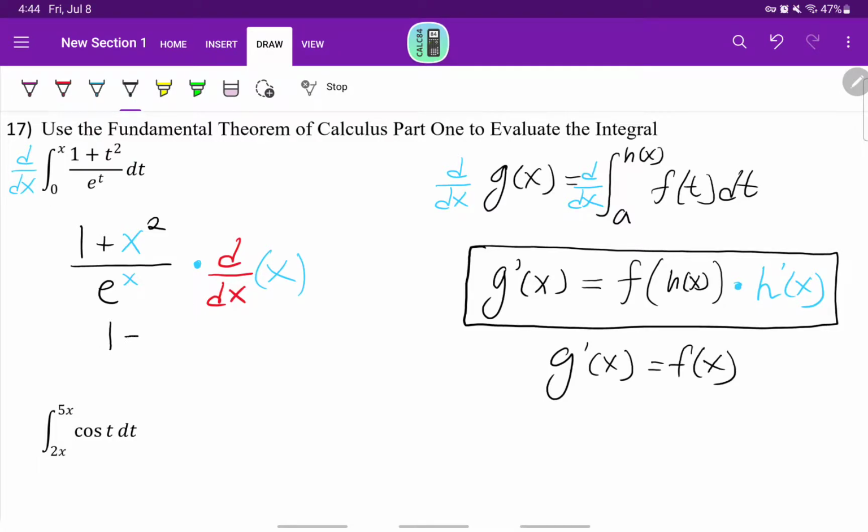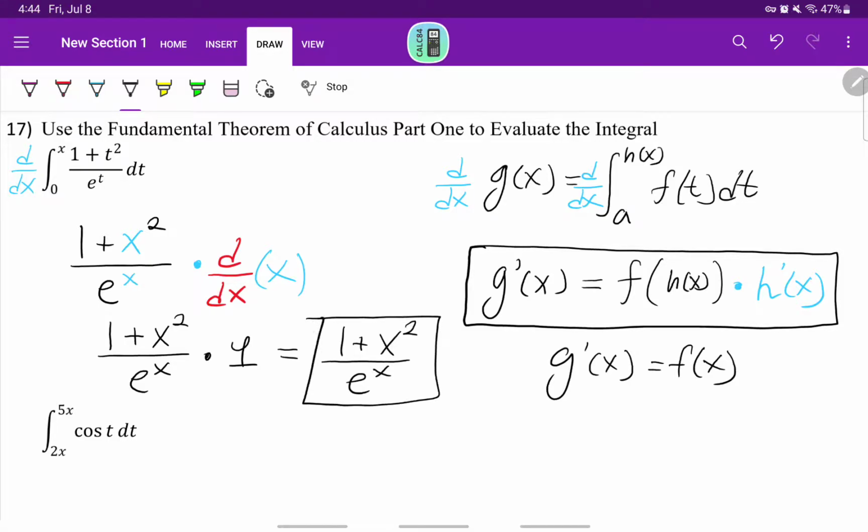So that's going to be 1 plus x squared over e to the x times 1, which is just 1 plus x squared over e to the x. That one's fairly simple.